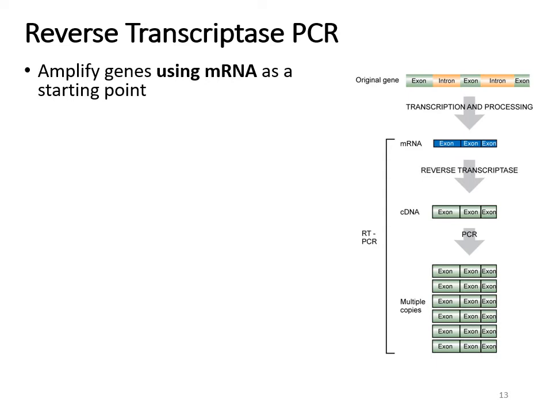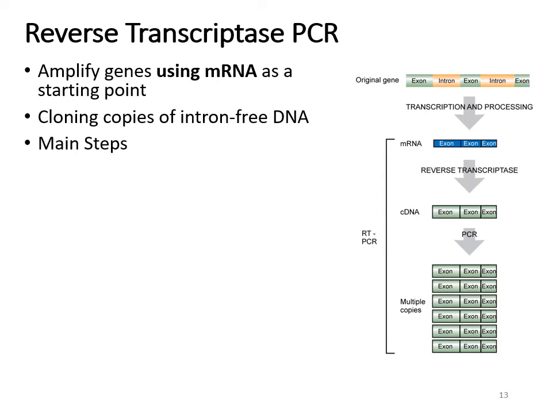Well, this is used in gene expression research, okay, because mRNA is gene product, so it shows how active particular genes are. So you're now going to have to clone copies of intron-free DNA in this process and amplify that.